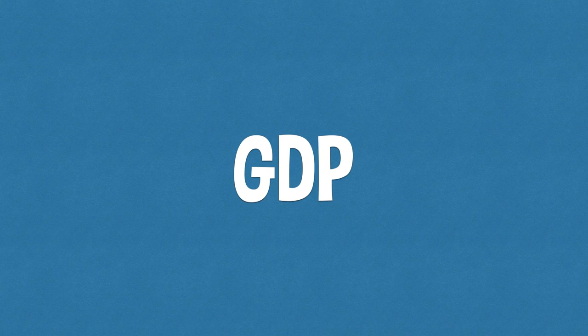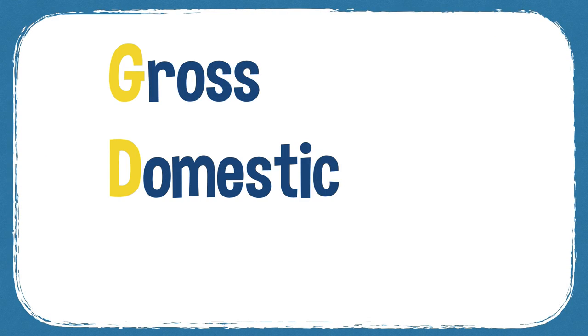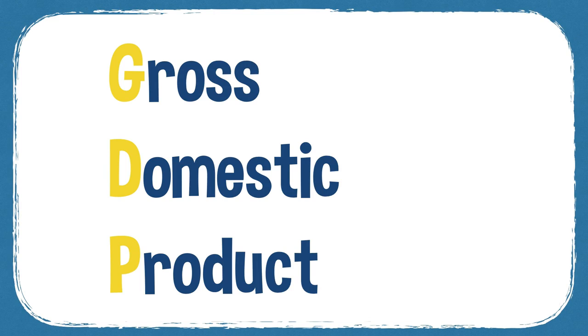Your next phrase is GDP, which stands for Gross Domestic Product. So a country's gross domestic product, the GDP, it's a measurement, an indicator of how productive a country is.